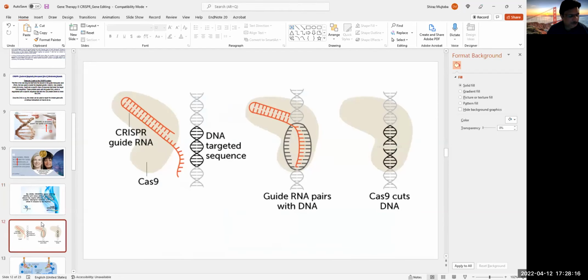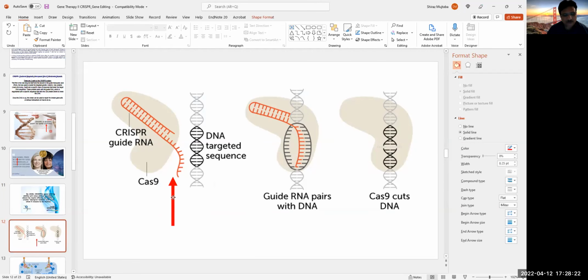So let's talk a little bit about CRISPR. This CRISPR consists of two things. One is Cas9. Cas9 is a nuclease. Now, a nuclease is an enzyme that can digest DNA or RNA, but this is very specific.